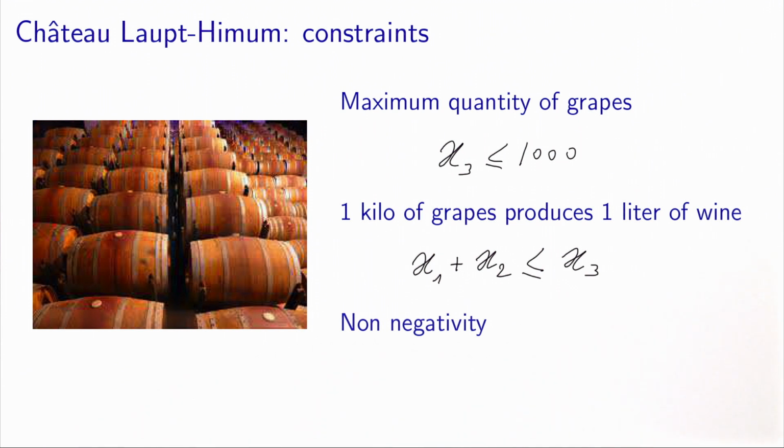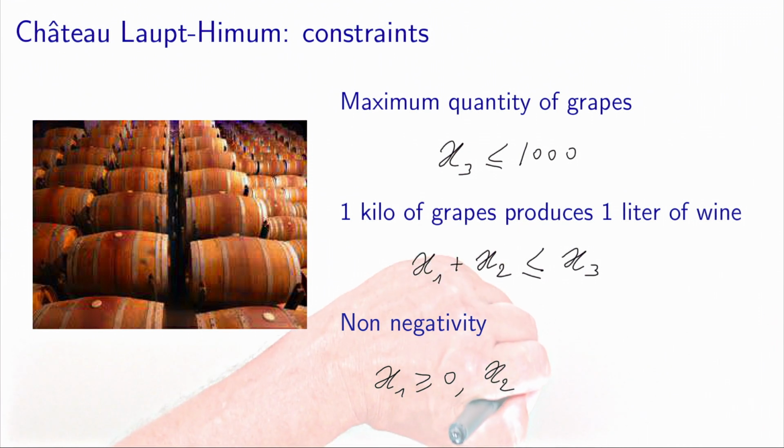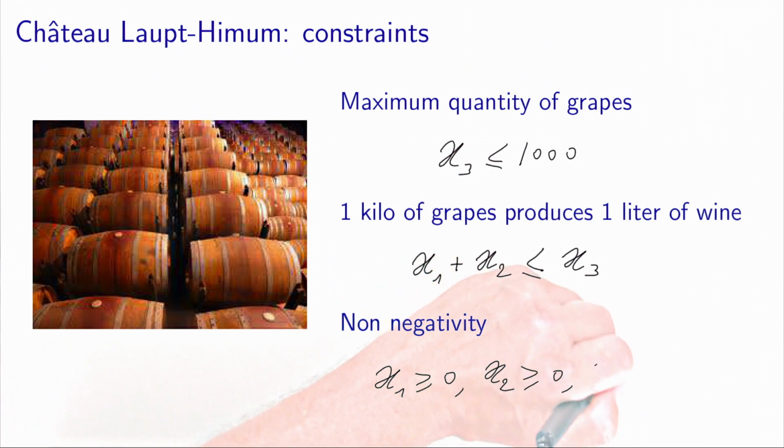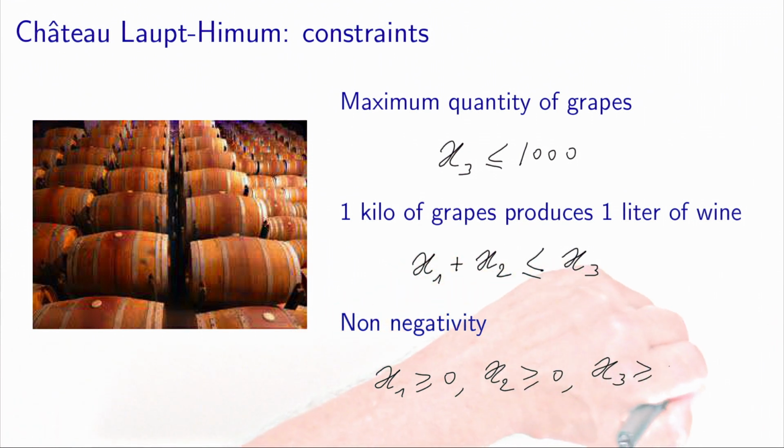And finally, we need to impose non-negativity constraints. It means that we need to impose x1 to be greater or equal to 0, x2 to be greater or equal to 0, and x3 to be greater or equal to 0. Indeed, if we don't do that, it may happen that the solution provided by the algorithm will generate a negative number. And this negative number would be completely meaningless in our context.